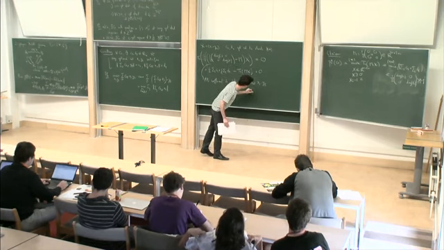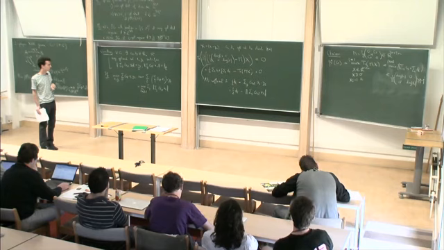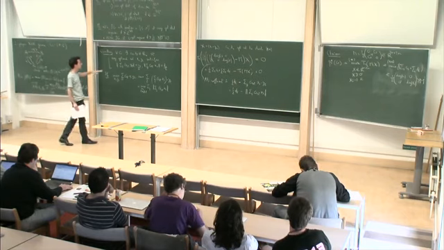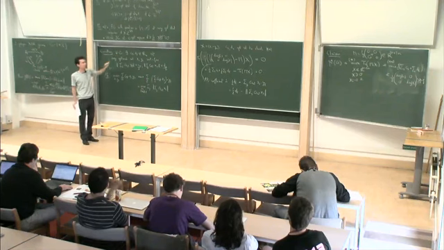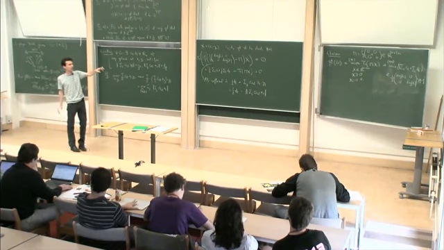Okay, so dividing by 2, we get the claim. So this means that if I take a XOR game, two-player XOR game G, I solve the dual semi-definite program here.